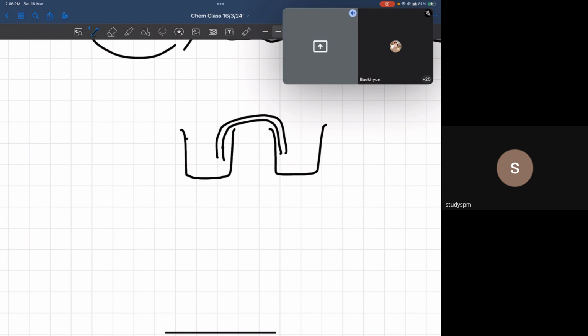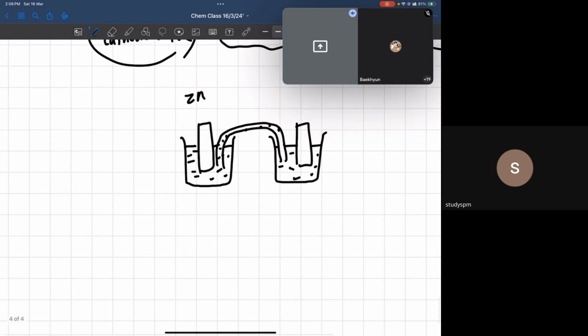In exam, you draw nicely, okay? Okay, like this, right? And then this one, let's say zinc.